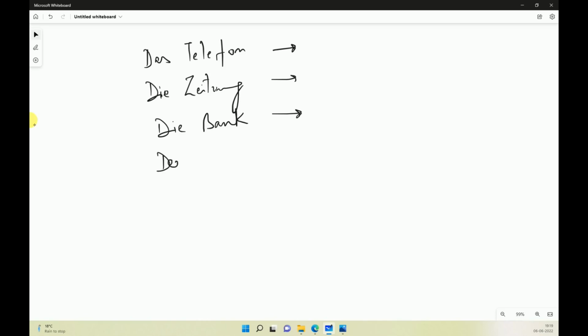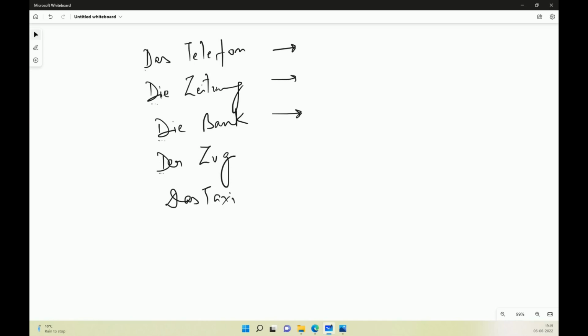Then comes der Zug. An important point to note here, friends, is that when I am writing this article, you probably have noticed that I am writing it in capitals. Now, this D in der, die, das is not an important thing. It could be in capital letters or small letters as well. It makes literally no difference, right?